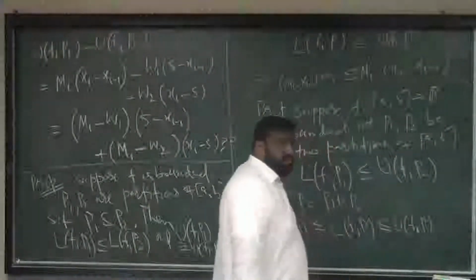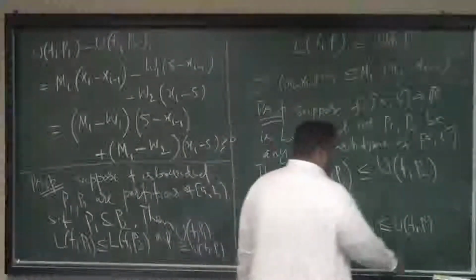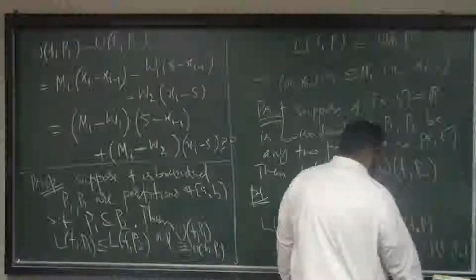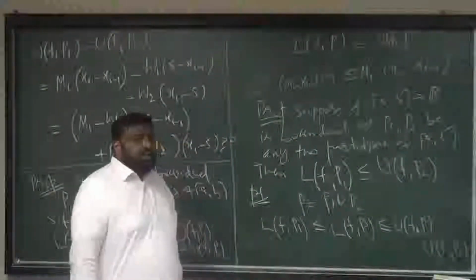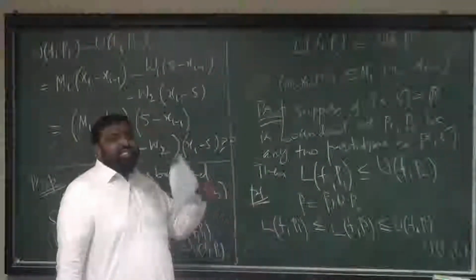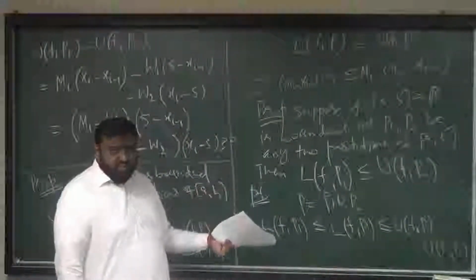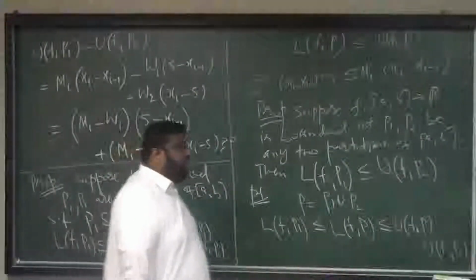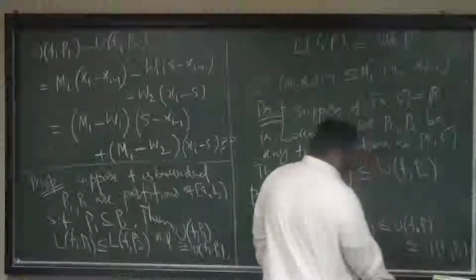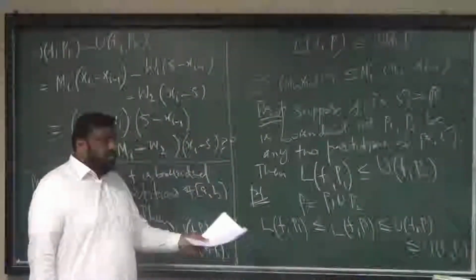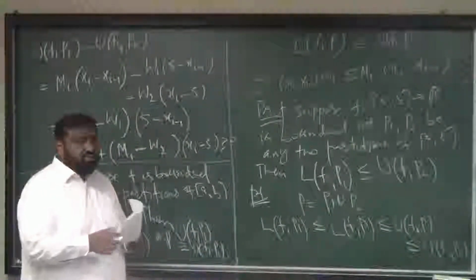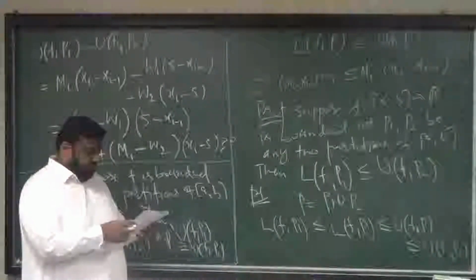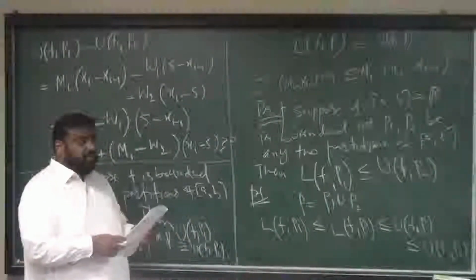And how about the relationship of UFP with UFP2? So P1 union P2 is a refinement of P2, and we just saw that if you have a refinement, then the lower and upper sums compare. Okay, simple.